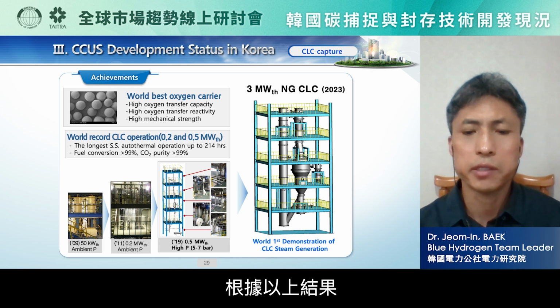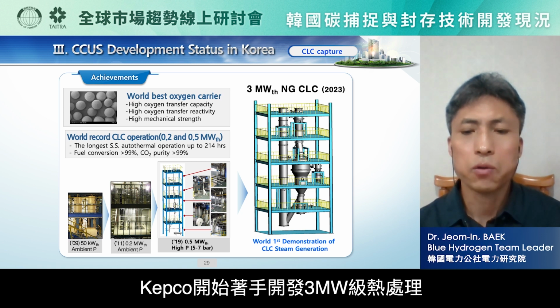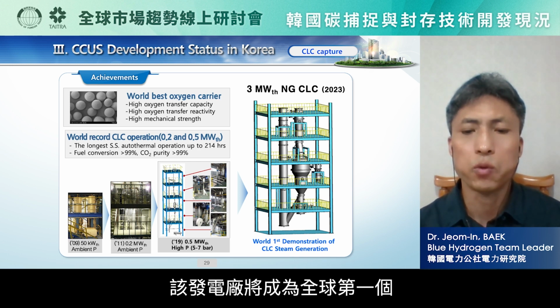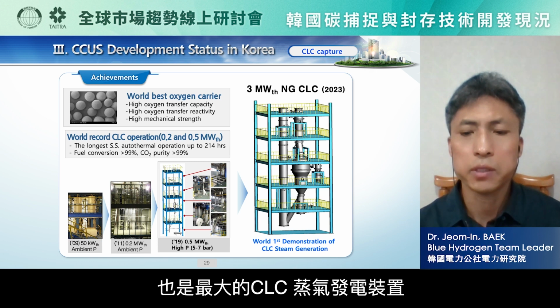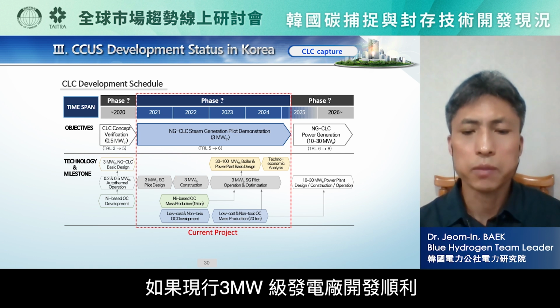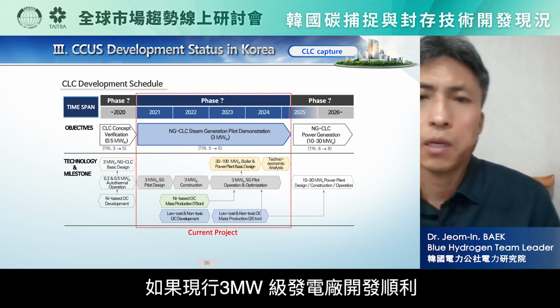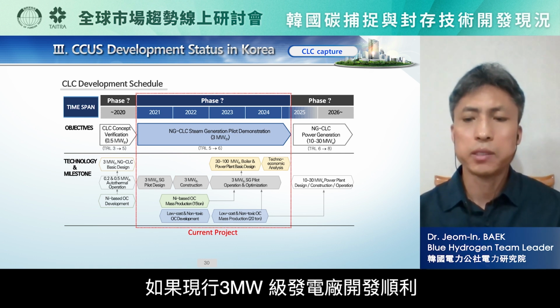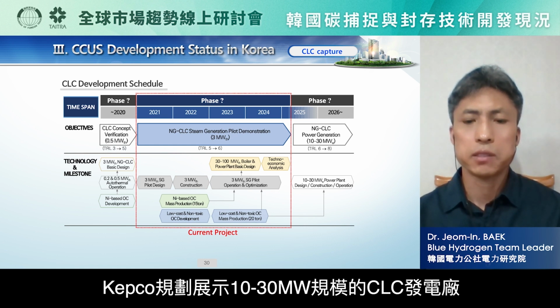Based on these results, KECO started 3 MW thermal process development. This plant will be world's biggest and first CLC steam generation unit. KECO is planning to demonstrate 10 to 30 MW scale CLC power plant if current 30 MW plant development is successfully completed.